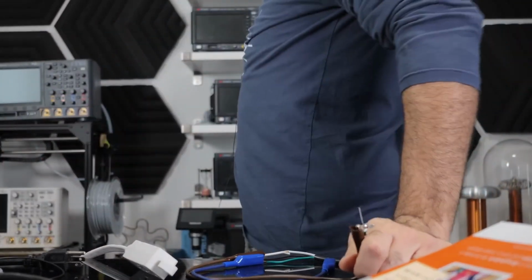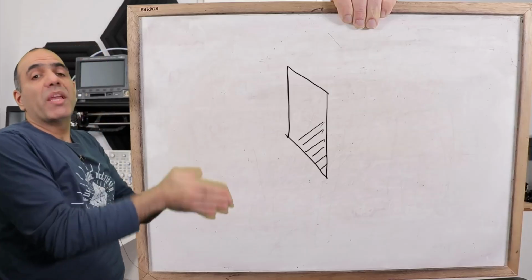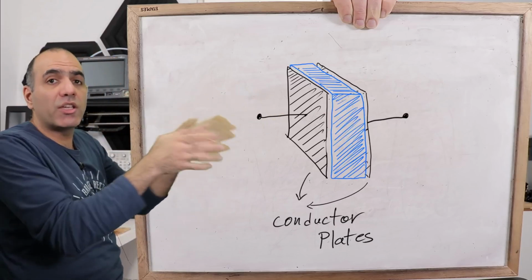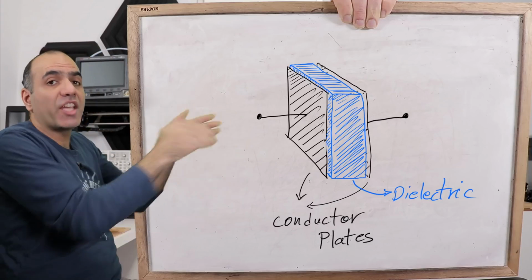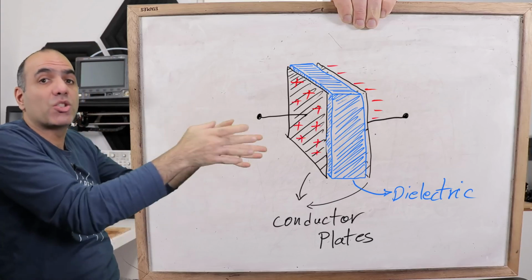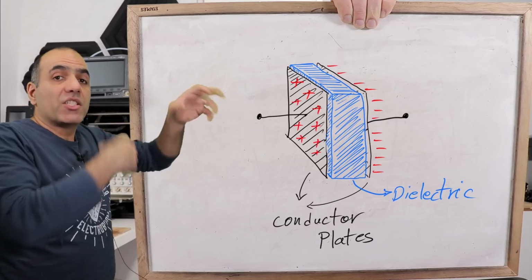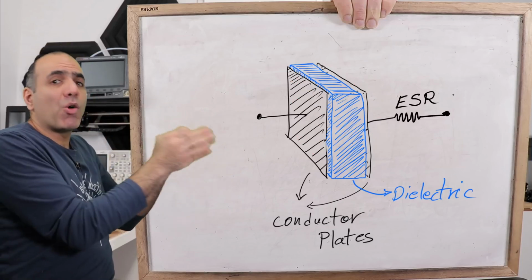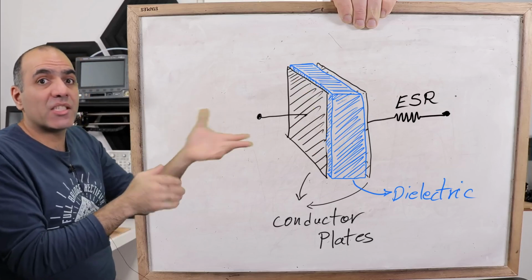Let me draw this for you. A capacitor is made of two conductor plates side by side, separated by a non-conductive isolating layer called a dielectric, and charges are stored on its plates. The wirings inside a capacitor have their own resistances, which we show as a very small equivalent series resistance or ESR.